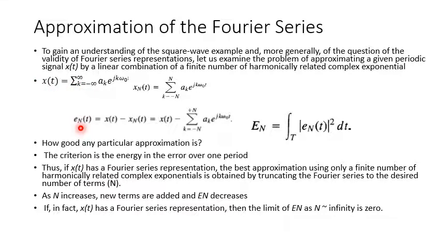We denote the error signal by e_N of t, which is x of t minus x_N of t, its approximation or truncated Fourier series, because the truncated series runs from -N up to N, whereas in the original case it runs from minus infinity up to infinity.